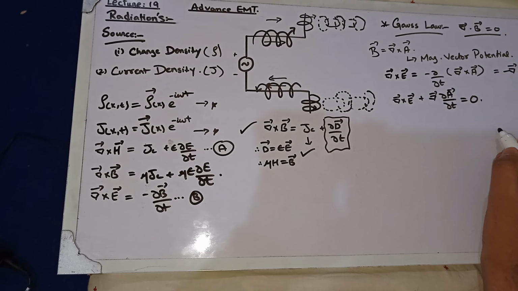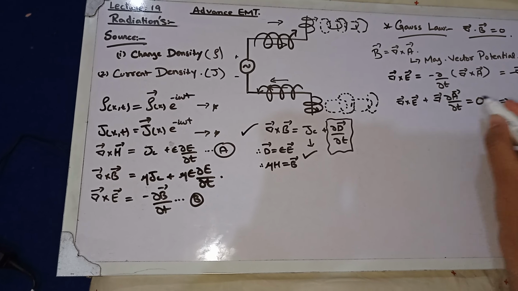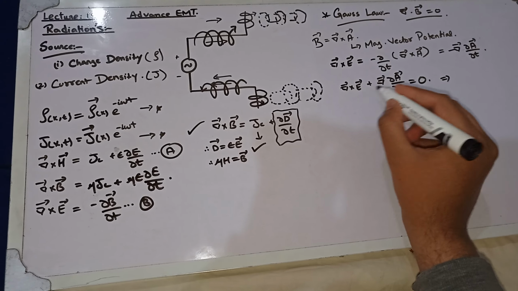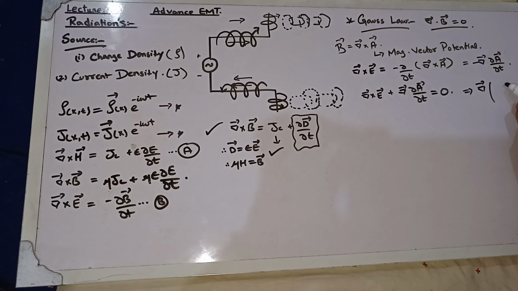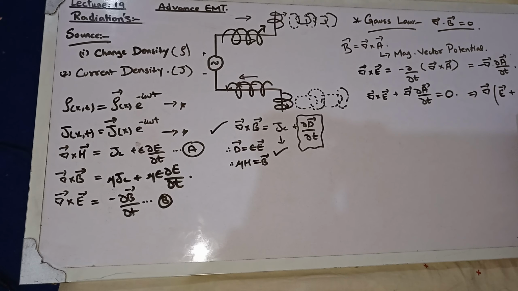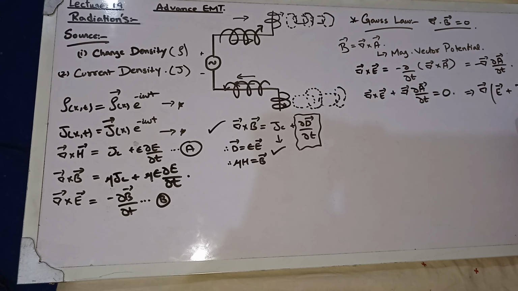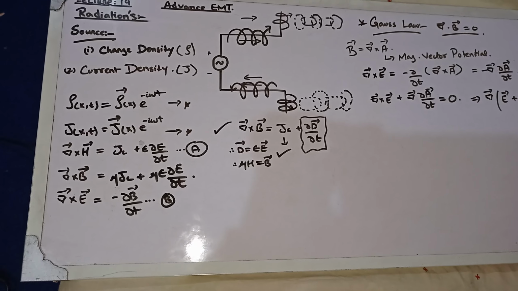Now you see a common factor, which is del cross, so take del cross common. After taking it common, what's left inside is E plus partial A divided by partial T, which equals 0.